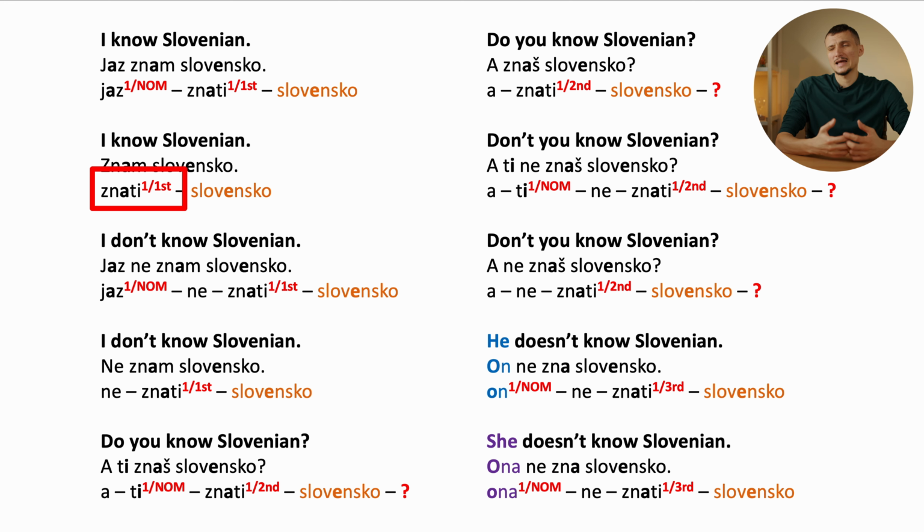Jaz can't be anything else other than one. It's always singular, it's I, but it is in the nominative case in that sentence. So jaz is in the nominative case in the third row, because it's in the base form, and it's also telling you to keep it in this form in the sentence above.